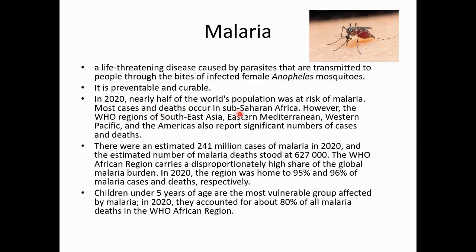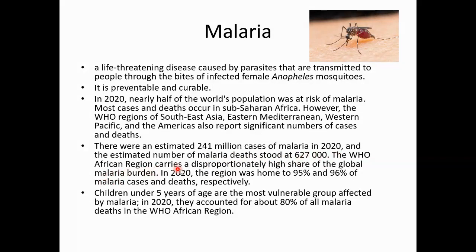Most cases and deaths occur in sub-Saharan Africa. However, the World Health Organization regions of Southeast Asia, Eastern Mediterranean, Western Pacific, and even the Americas also report a significant number of cases and deaths. There were an estimated 241 million cases of malaria in 2020, and the estimated number of malaria deaths stood at 627,000.